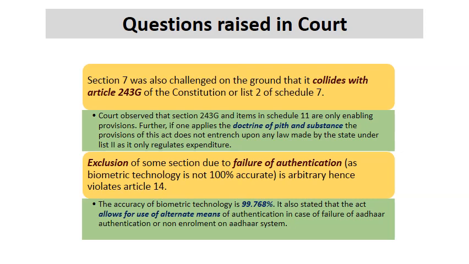The technology, due to its limitation, may lead to some exclusion, but this exclusion is not intended. Further, it also stated that the law allows individuals to use any other form of authentication in case of failure of Aadhaar authentication. Thus, the court held that Section 7 is not arbitrary and it does not violate Article 14, that is, right to equality.